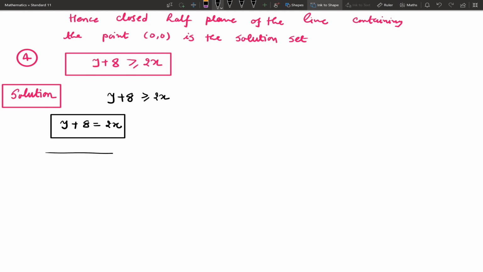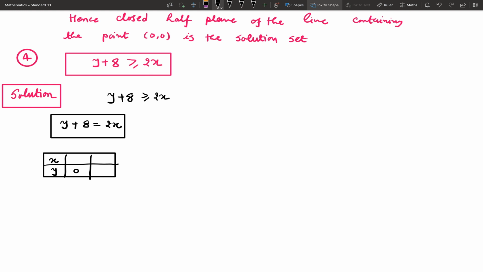Now we have to select two distinct points from the axis. Any point which lies on the x-axis, the y coordinate will be 0.